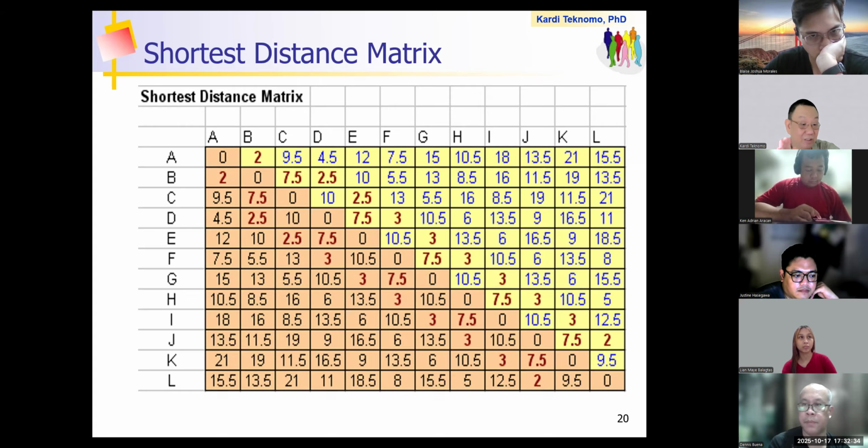This is one part. The next part is how we utilize the network, which represents the demand.